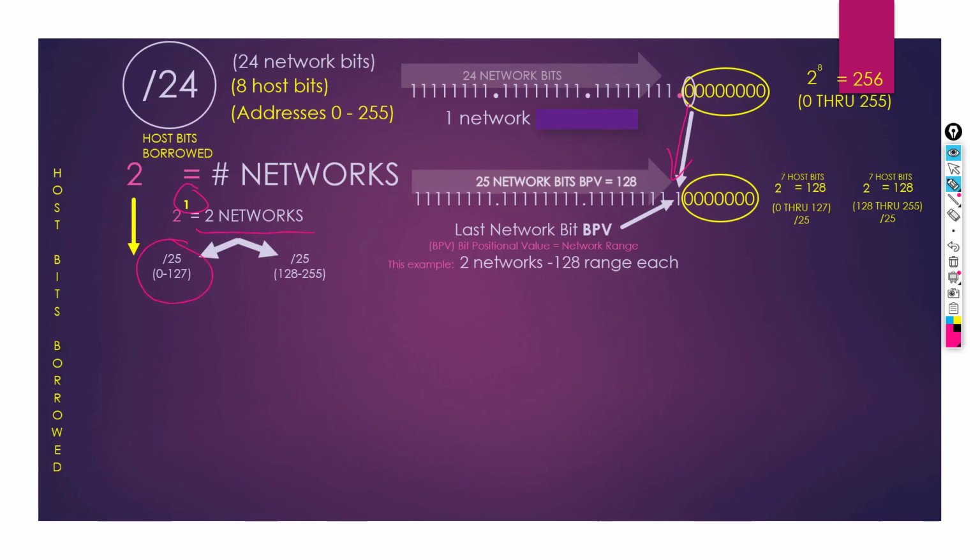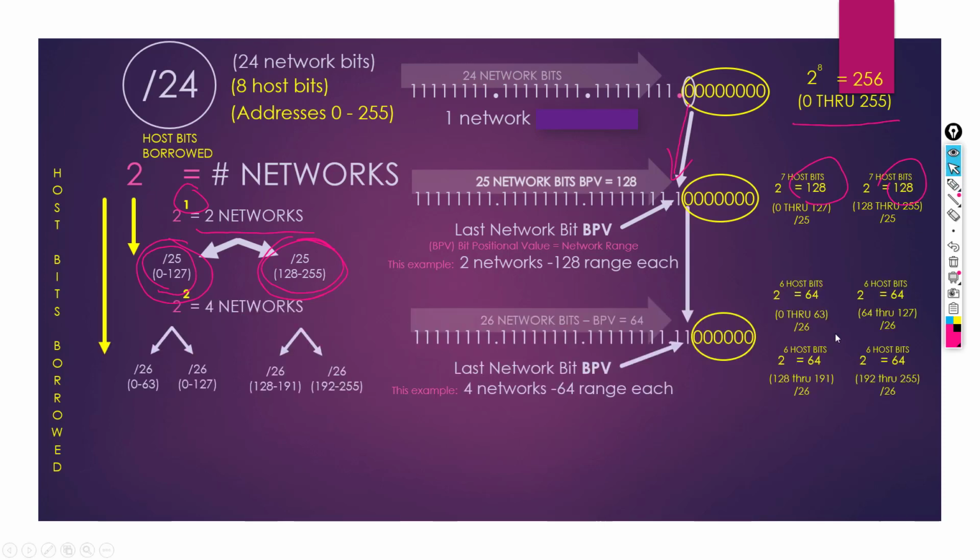You'll see the 2 networks here, and you'll notice that this network started at 0 through 255, and this one starts at 0, goes through 127, and then 128 through 255 to give us exactly the same number of hosts in each subnet.